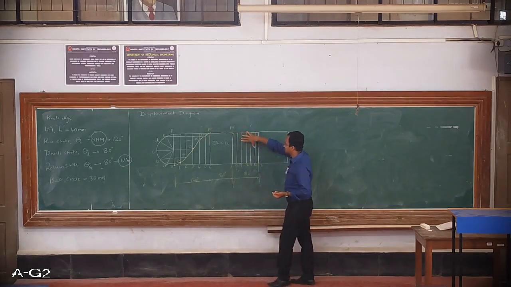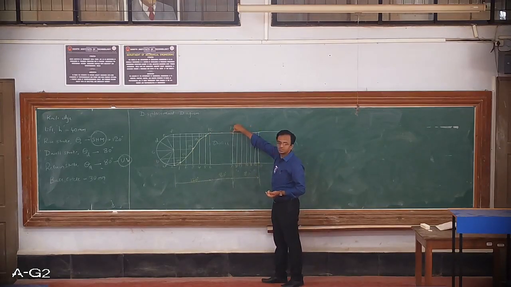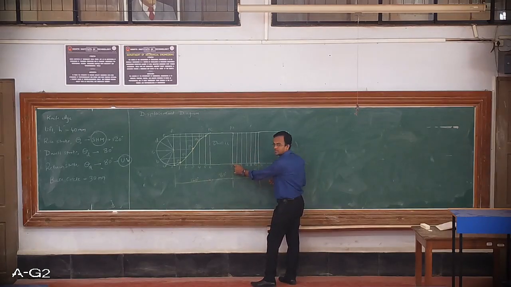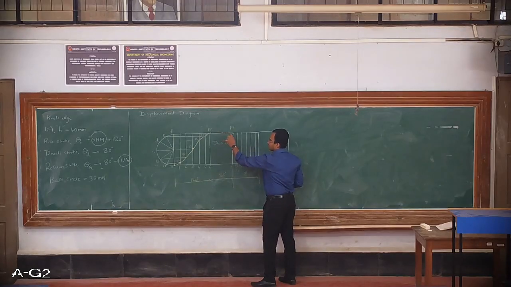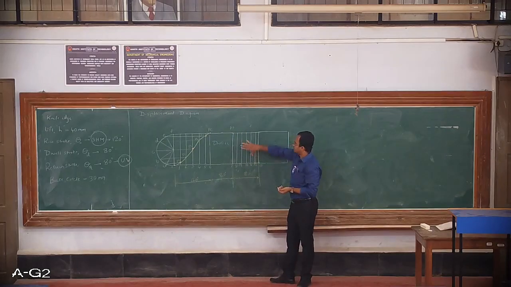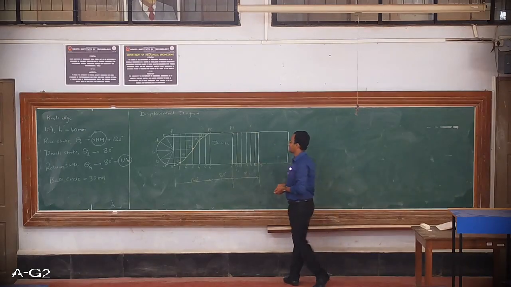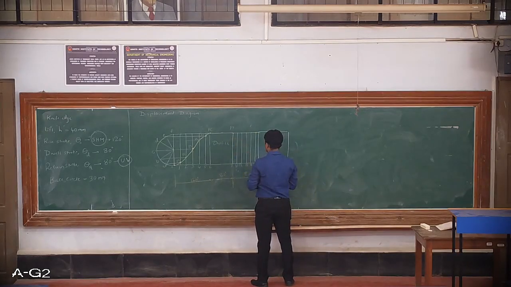But if I take return stroke, this becomes the starting point and this becomes the ending point. Many students in the exams I have seen again consider this as the start point for return stroke, but that is totally wrong. We have stopped till here, that means this becomes the starting point of the return stroke.